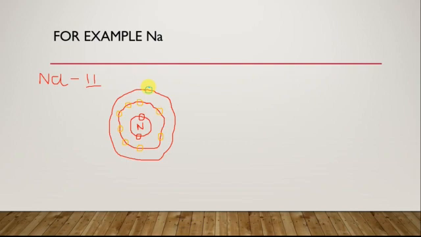Now students, to complete the octet, meaning 8 electrons, sodium will give away this 1 electron. It will give away the electron present in the last shell, also called the valence shell or the outermost shell. So when sodium gives away 1 electron, what will happen?